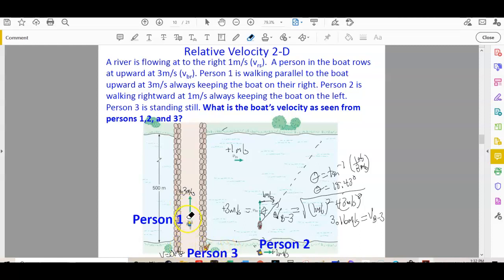And they're going to see person number 1 moving up and to the right, because person number 1 will eventually be up here, up and to the right at 3.16 meters per second at an angle of 18.43 degrees. Okay?